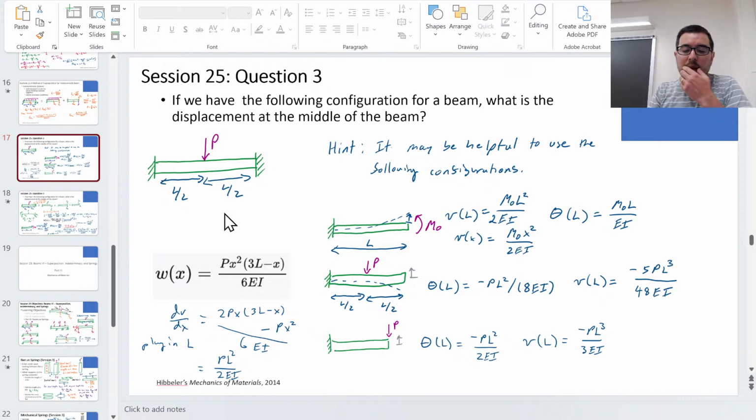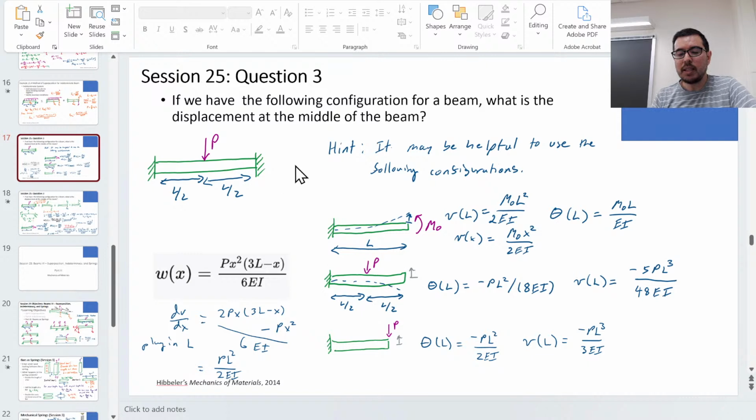So the question is, how do we go about approaching this? Here are some different things we can use. So this would be the statically determinate one.